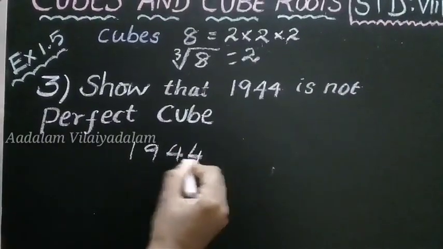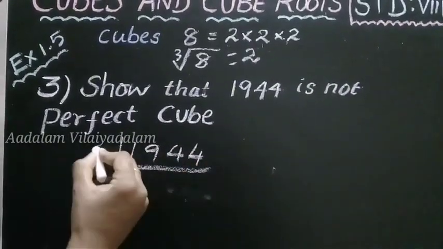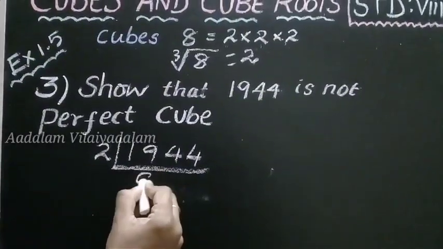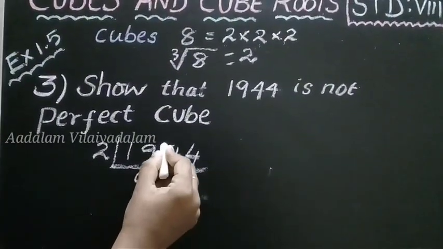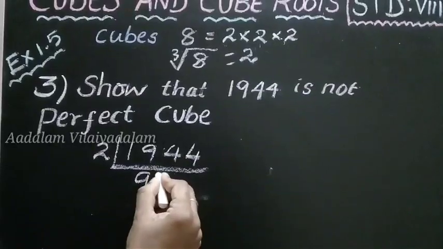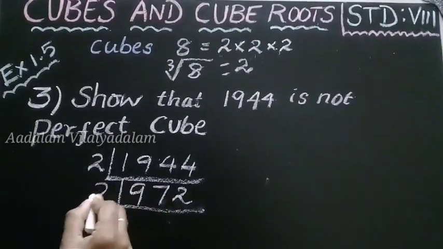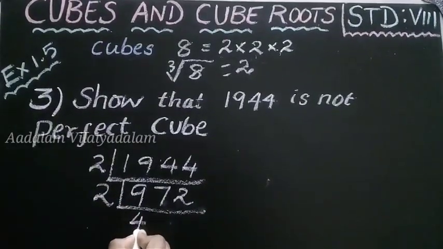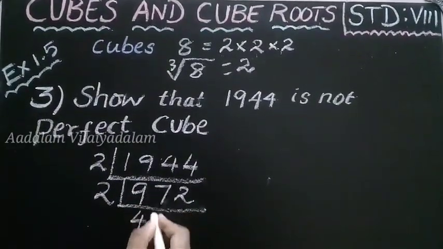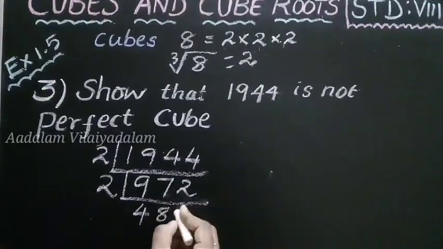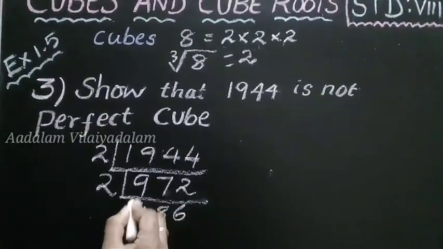1944, here the last digit is even, so the 2 table is possible. 2 9s are 18, balance 1, 14 here, 7 2s are 14, 2 2s are 4. Again 2 table, 2 4s are 8, balance 1, 17 here. 2 8s are 16, again balance 1, 2 6s are 12.